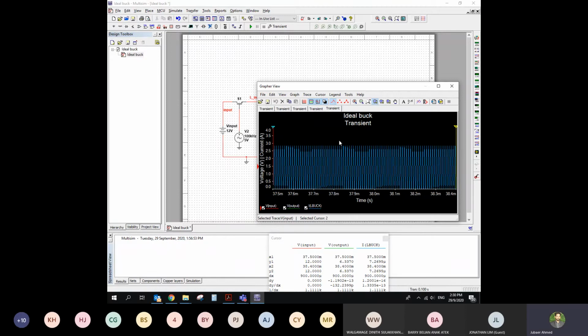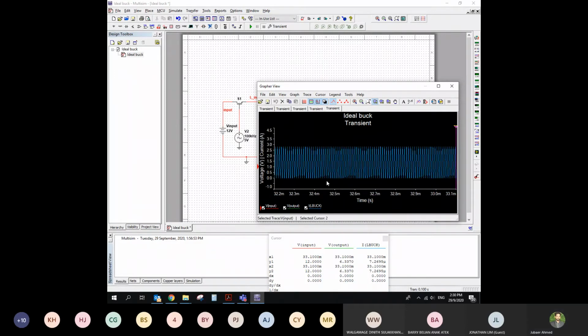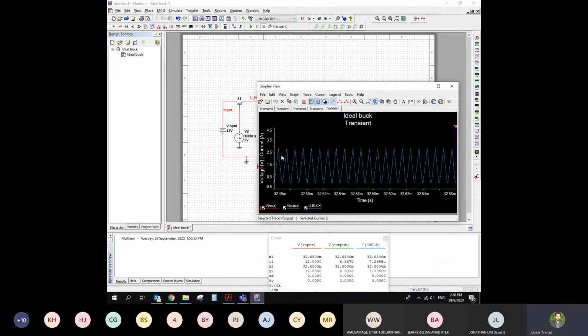You can see the moment I change the value of the inductor, the current fluctuation also changes. It is now almost touching 0, so momentarily it is going into discontinuous mode.